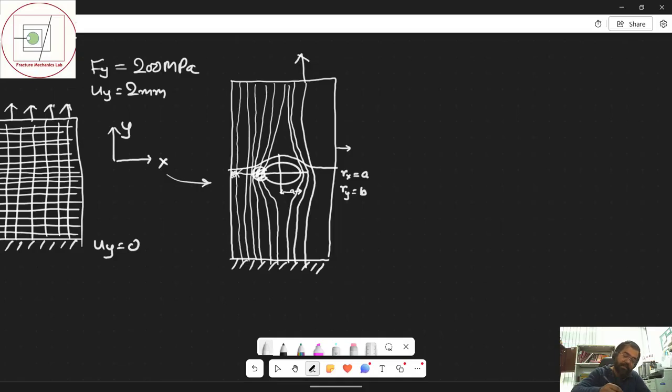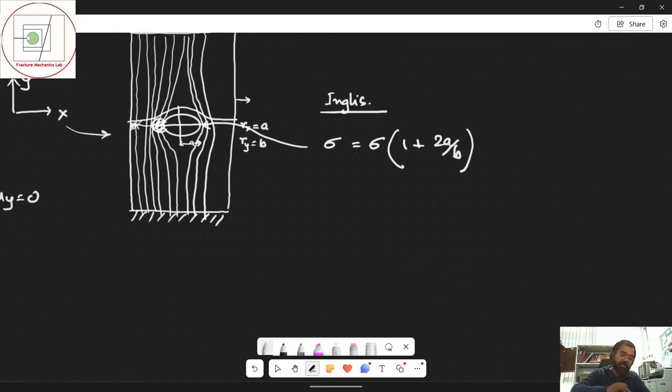This Inglis called the stress concentration factor, and it is described as: the stress at the tip of the ellipse is the applied stress times (1 plus 2a by b). Here a and b are the major and minor distances from the origin of the ellipse along the major and minor directions, and this is the applied stress.